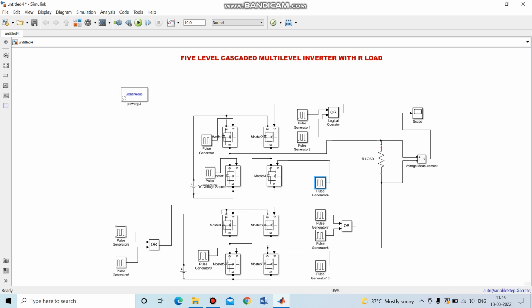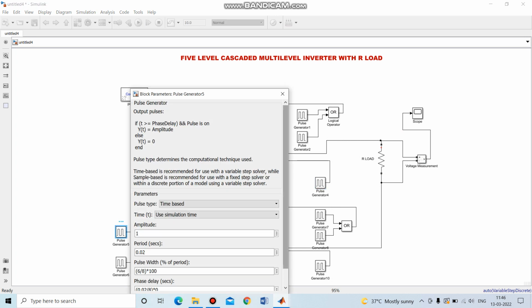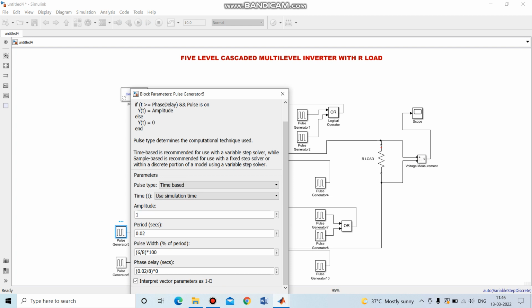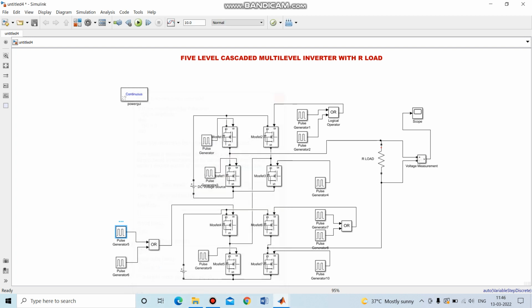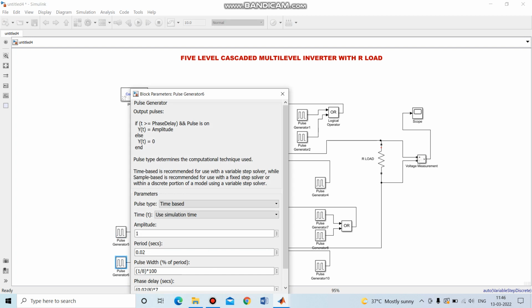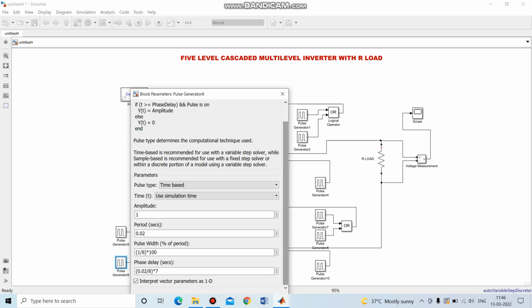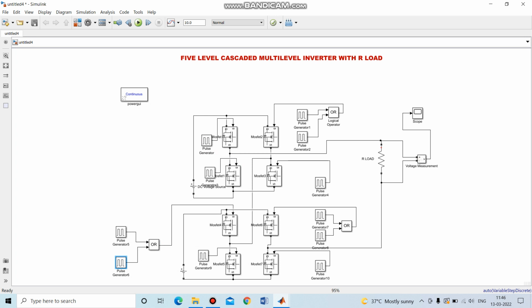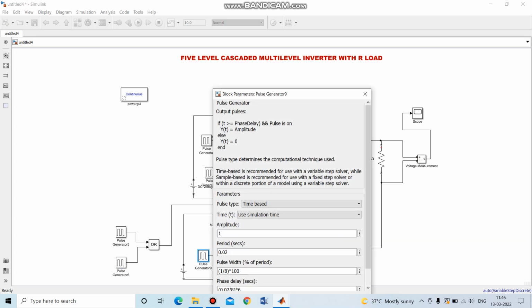Then the next pulse generator values. This OR operation should be given to this gate of the MOSFET. Then the next pulse generator value.